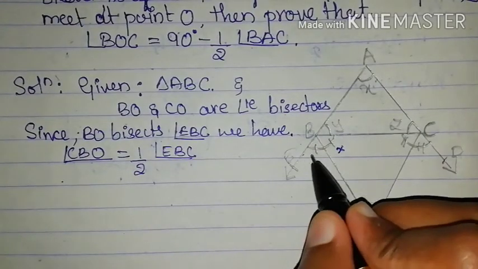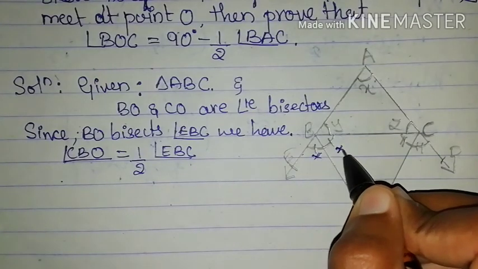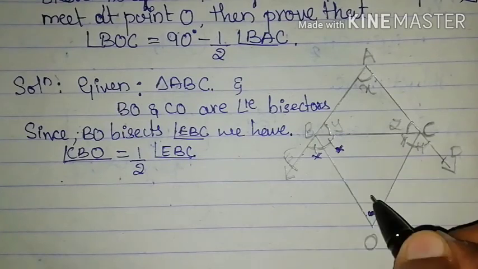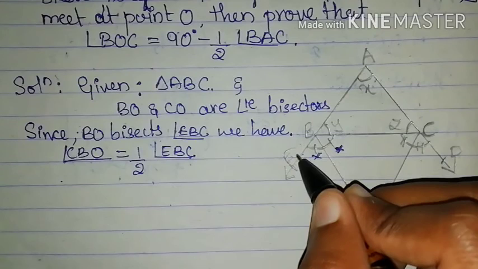Agree? Because BO has bisected the angle, these two parts are equal to one another. So angle CBO, only this part, will be equal to half of the whole angle EBC.